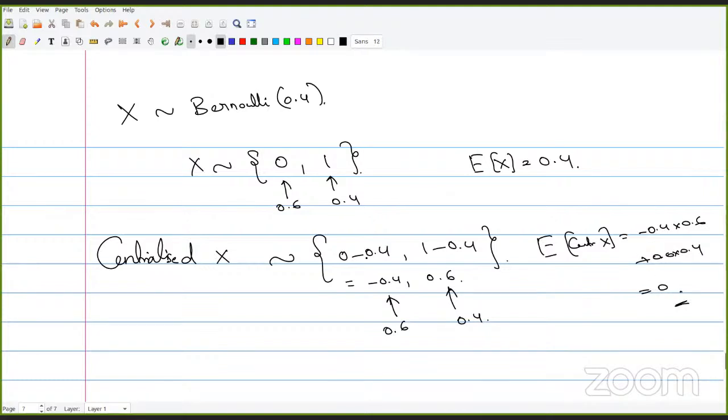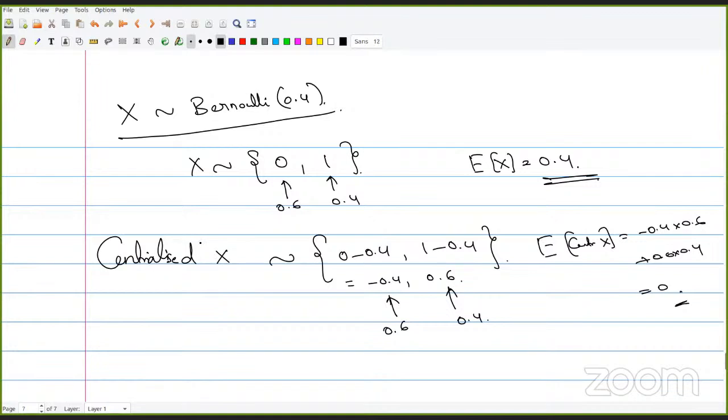Okay, so I just took an example where x follows Bernoulli 0.4. So x takes 0 or 1 with probability 0.6 and 0.4. So the expected value of x will be 0.4. But I wanted to make the centralized Bernoulli, to bring the mean of this Bernoulli to 0.